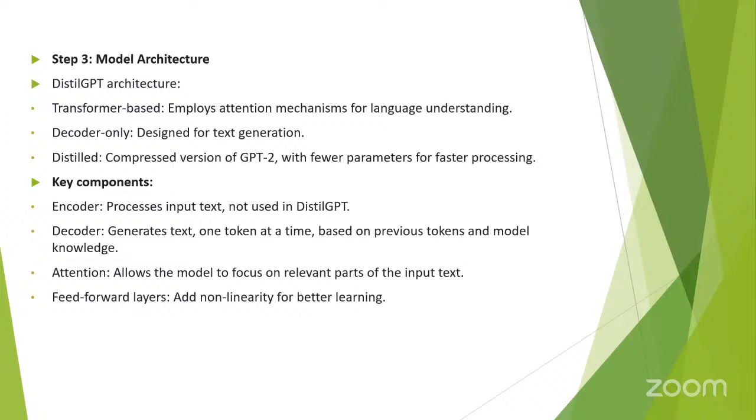So here the key components: in the encoder stage, we will take our inputs. The input will be fetched from the encoder layers. After that, we will use our attention mechanism. Within the attention mechanism, we will take multiple inputs and form our alignment scores.